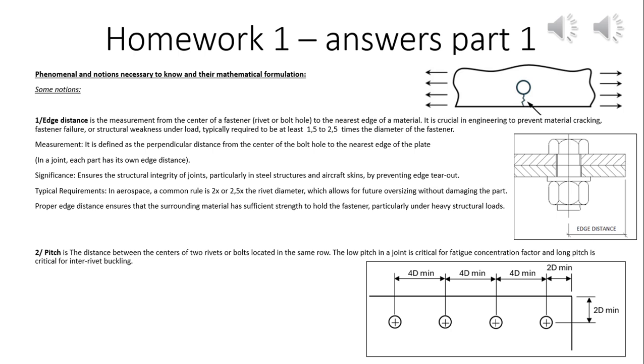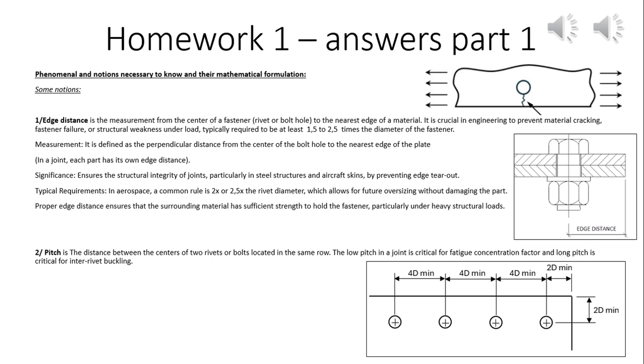In a joint, each part has its own edge distance. Significance: ensures the structural integrity of joints, particularly in steel structure and aircraft skins, by preventing edge tear out.